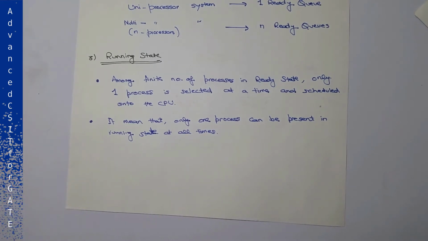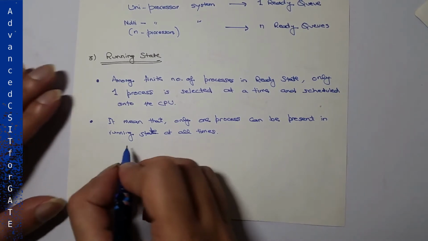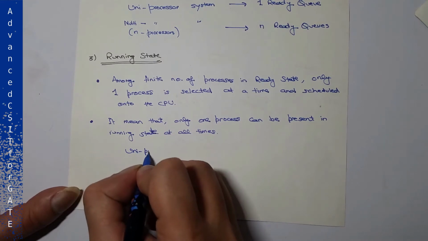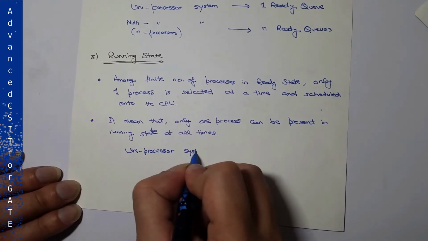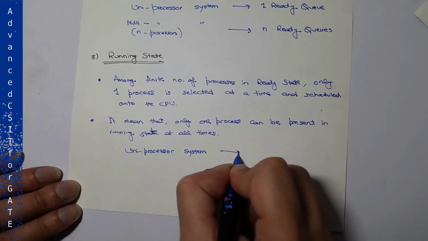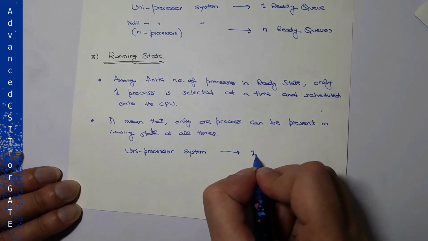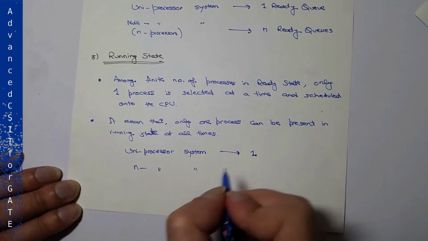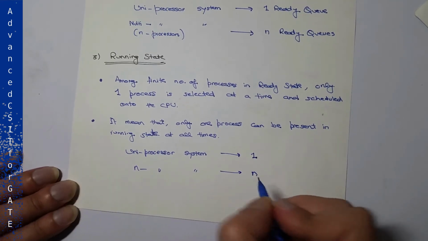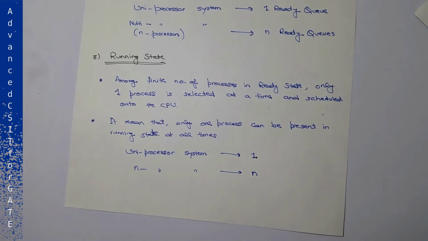But this depends on the number of processors that you have in your system. So if it is a uniprocessor system, then there will be only one process in running state, whereas if it is an n-processor multiprocessor system, then there would be n processes in the running state.